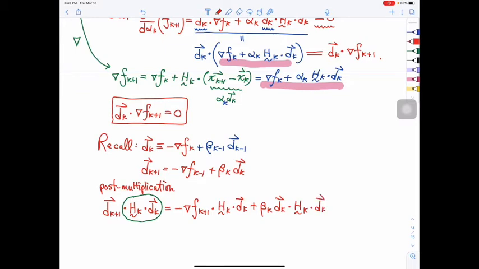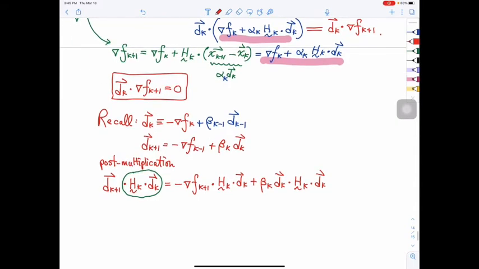Now, remember, we wish every D are H orthogonal. So this should be 0 because of H orthogonal. The other two are not 0.